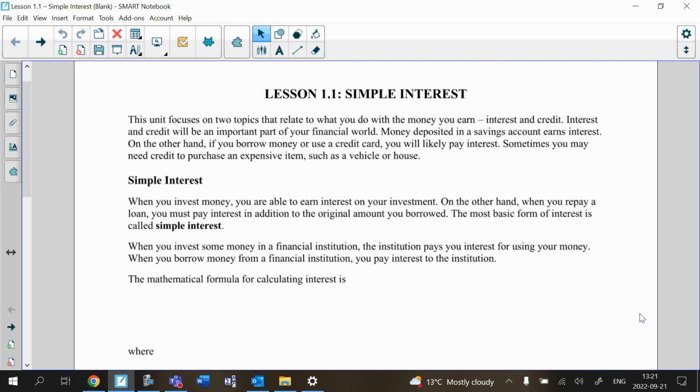On the other side, if we don't have enough money to buy something, we can still buy it on what is called credit, where you promise to pay a bank or a credit card company or some other institution. You promise to pay them a certain amount that you borrow back, but then they'll also charge you some interest for borrowing that money. So that's really what everything's about in this unit.